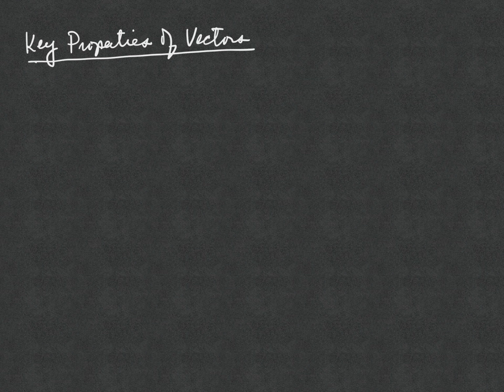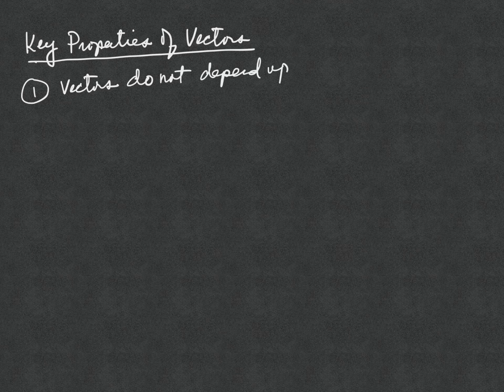So these are key properties of vectors. The first key property is that vectors do not depend upon reference frame. What do I mean by that?